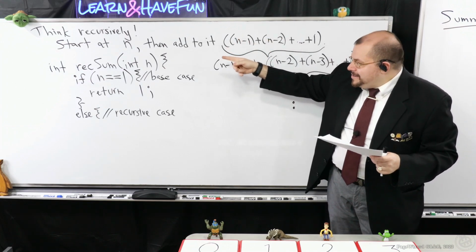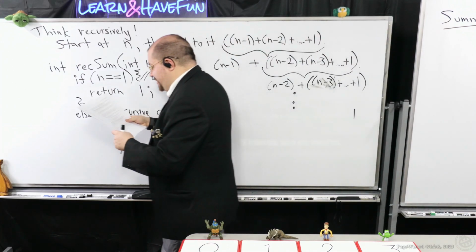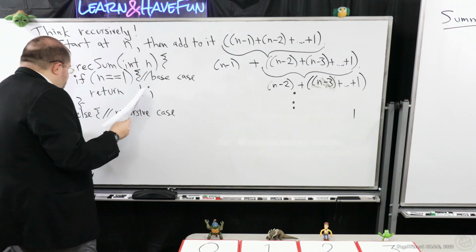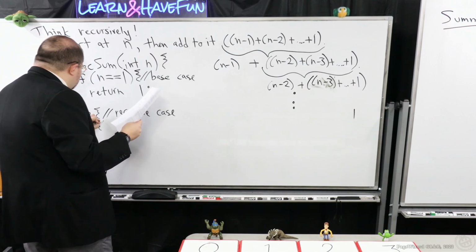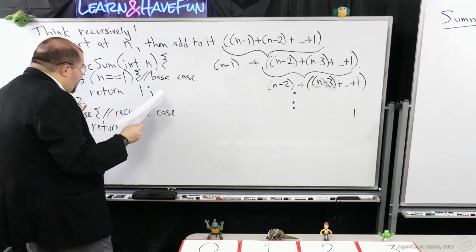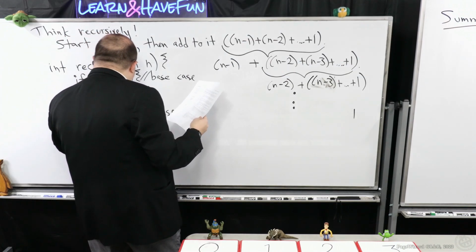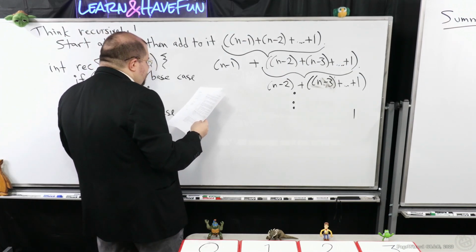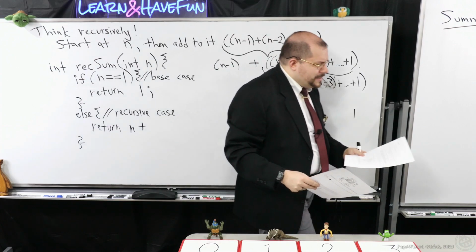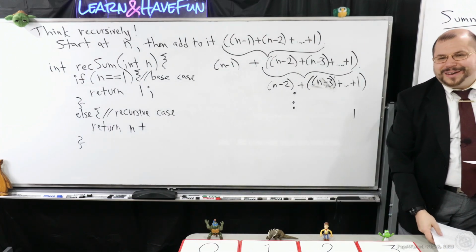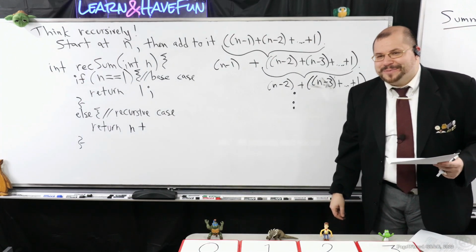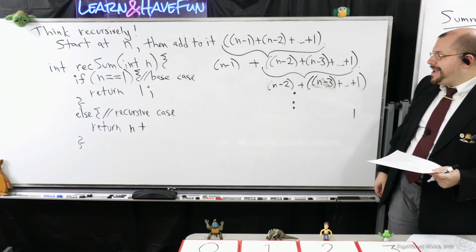Well, it's n, whatever that is, right? So I'm going to return n plus, how do I write down, add up all the rest of the numbers that are smaller than my number? How do I write that down?